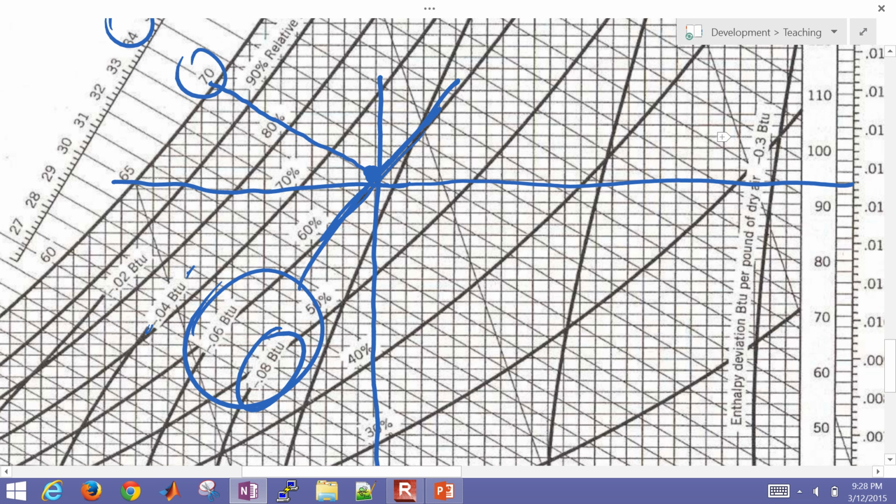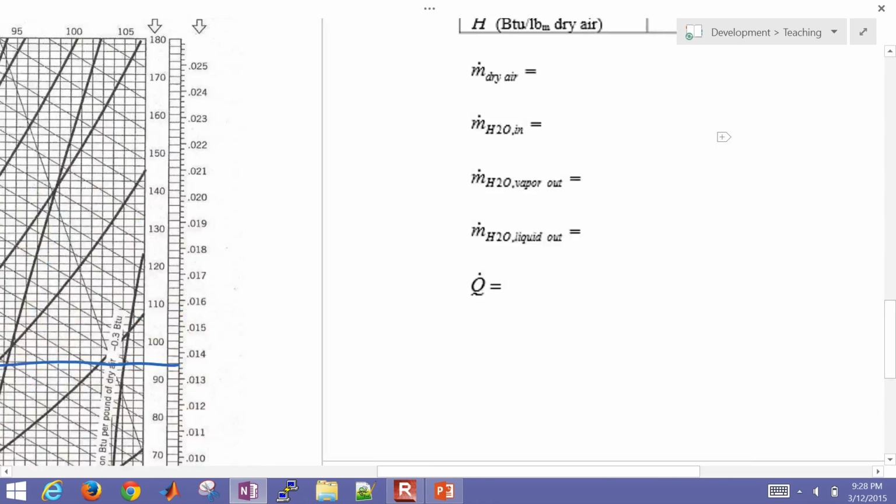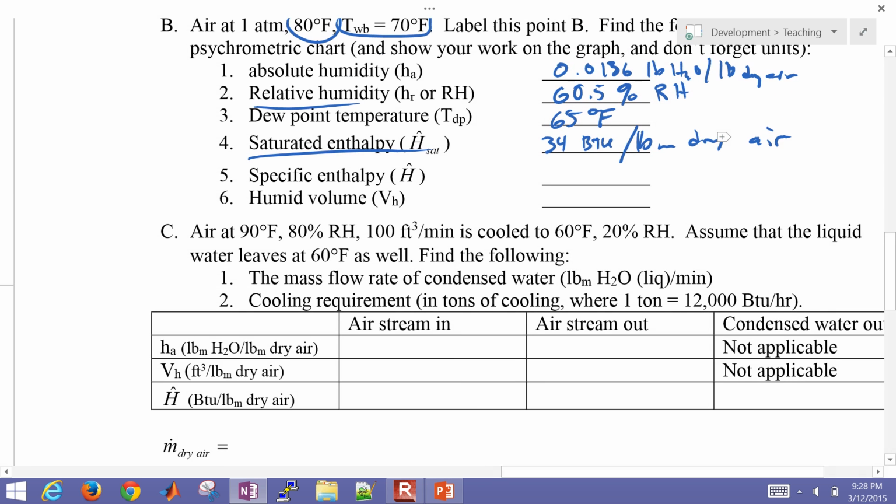We're going to add this in, but it's a negative number. So we're going to take our 34 and subtract about 0.08 or something like that, wherever this would intersect if we could see the lines. I'm just going to write that here: about 34 minus 0.08, BTUs per pound mass dry air.